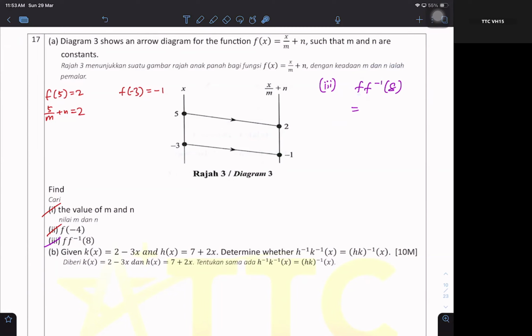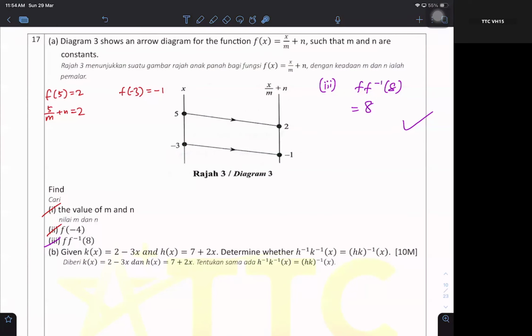So I tell you what, when f and f inverse are together, the answer is the same, because original and inverse together, you go back to the same place. Imagine original is from left to right, then inverse is from right, go back to left.